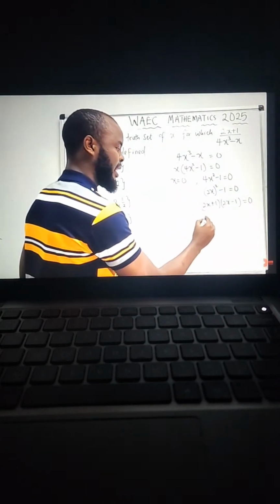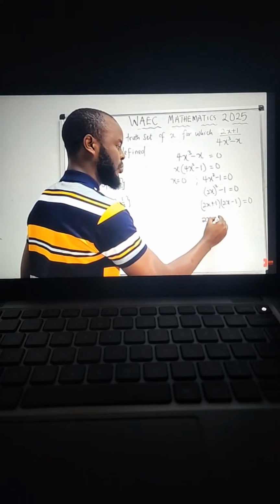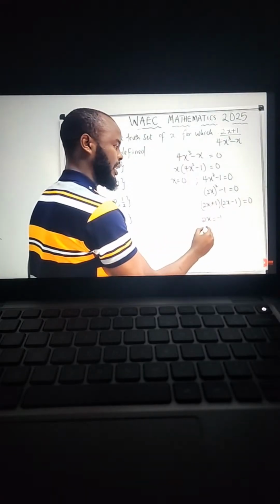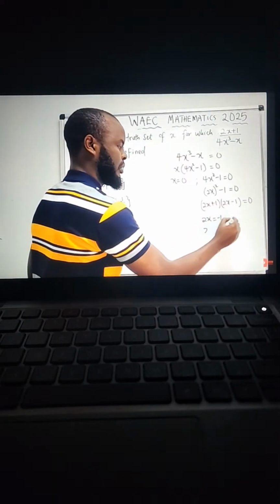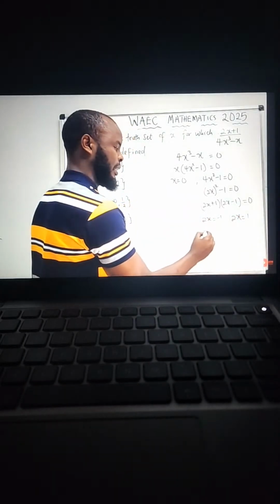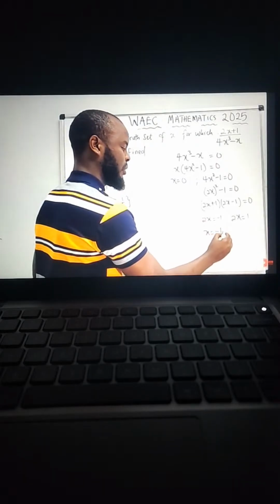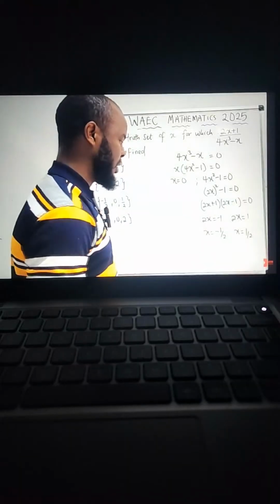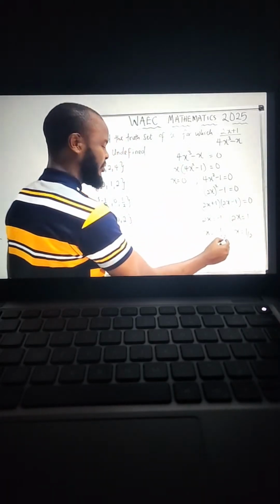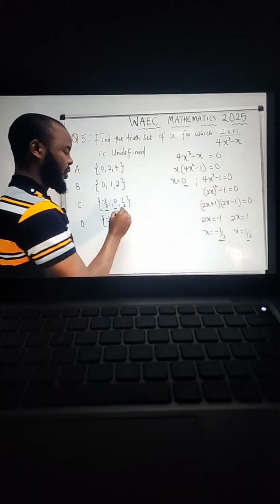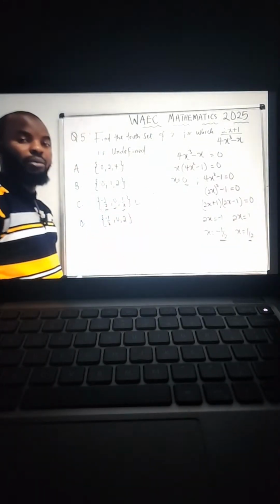And this can be simplified as 2x equals negative 1 by equating this, and here, this can be simplified as 2x equals 1. x here is going to be negative 1 over 2, and x here is going to be 1 over 2. So the 3 solutions are going to be negative half, 0, and half. So the answer is option C.